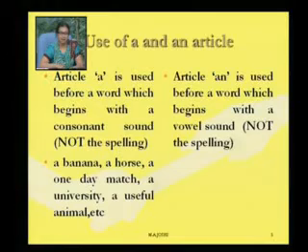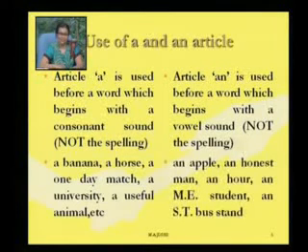Then we will see how to use the article an. Article an is used before a word which begins with a vowel sound, and not in the spelling. Vowel sounds are a, e, i, o, etc. For example, an apple, an honest man, an R, an ME student, an ST bus.